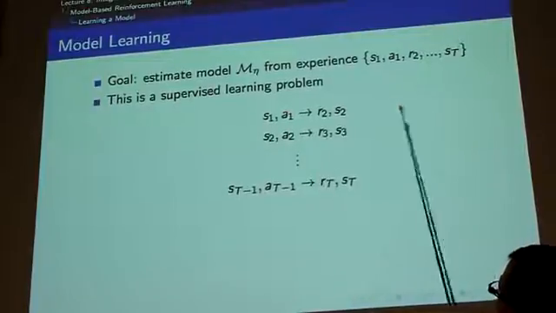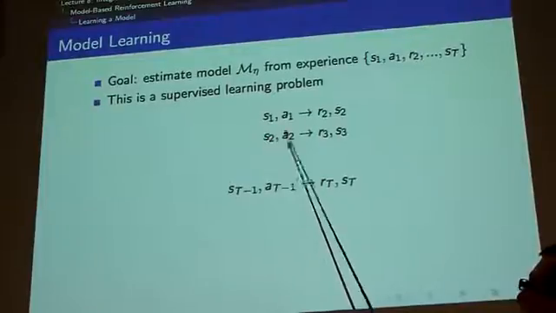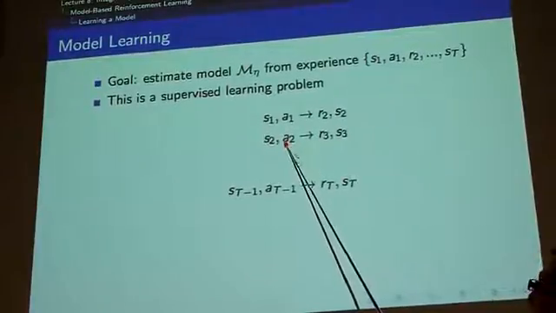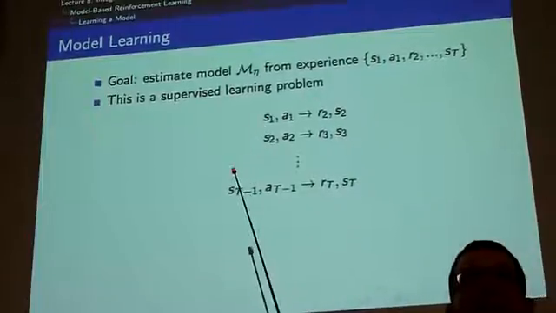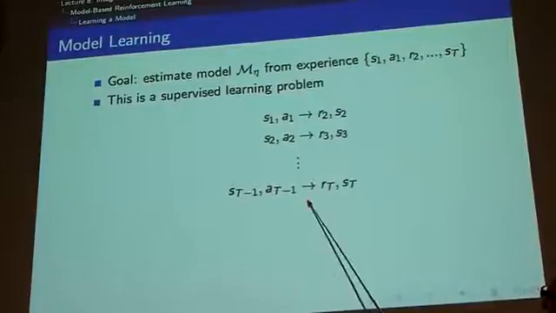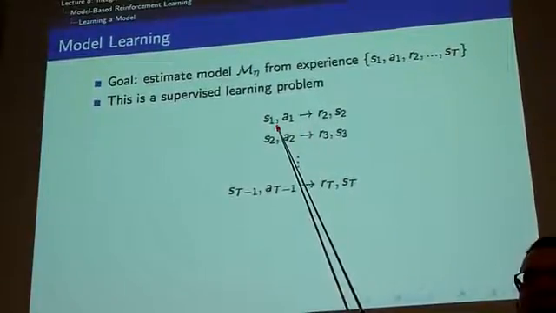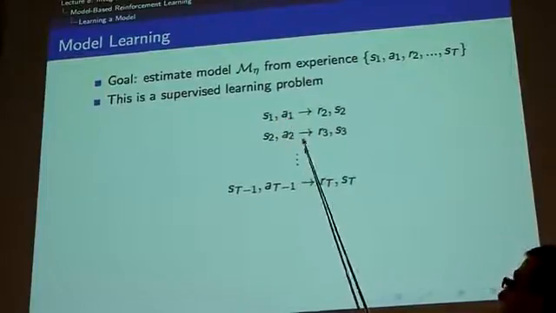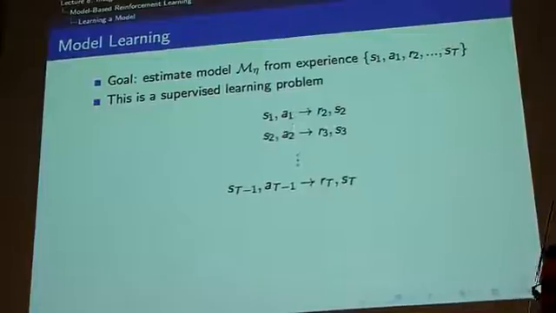The next training example was at time step 2, where the agent was in state S2, it took action A2, and it ended up getting a reward R3, and it ended up in state S3 for the next time step. So we get this whole set of training data all the way up to the end of the episode, examples of being in one state and what state you ended up in after taking an action, and what reward you ended up with after taking that action.